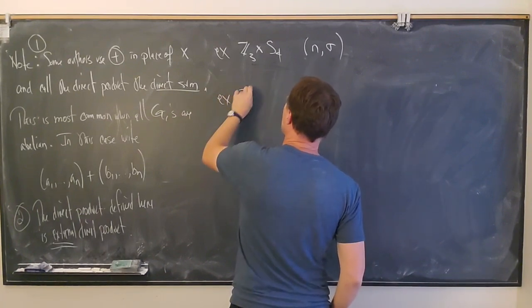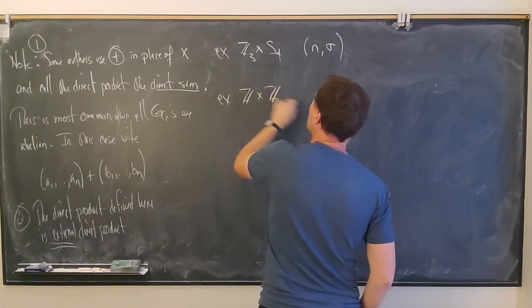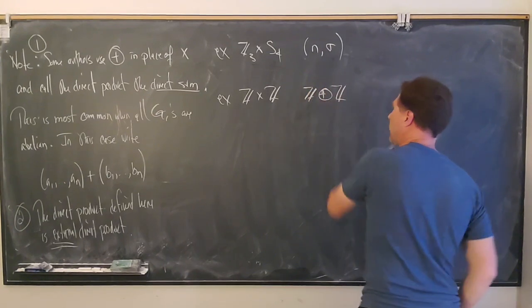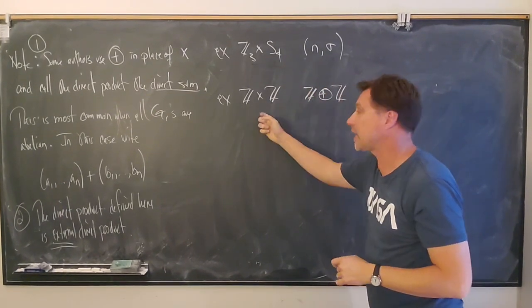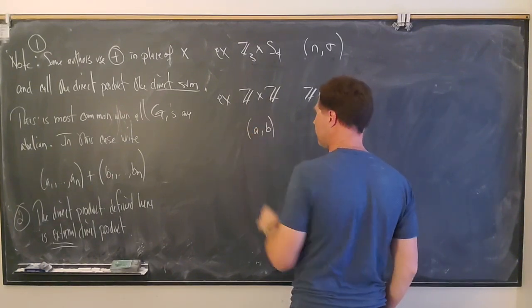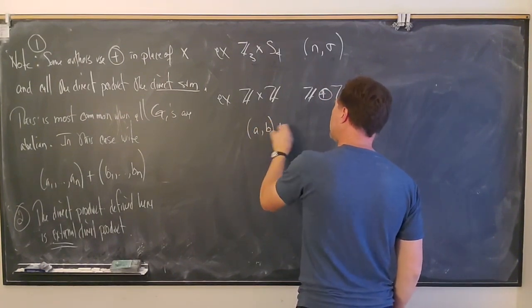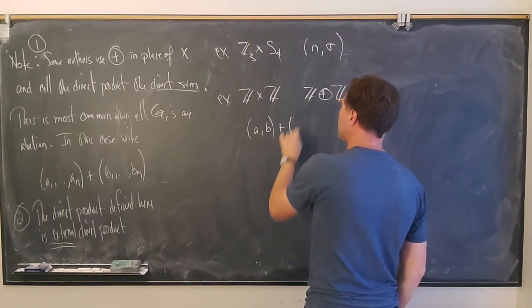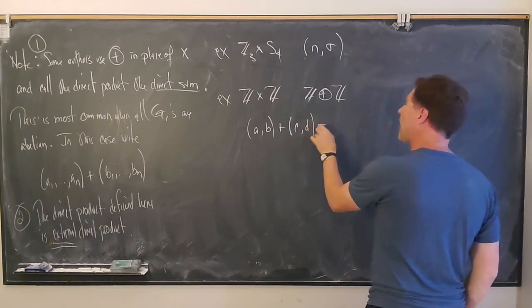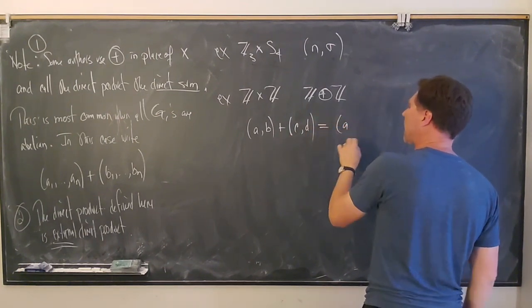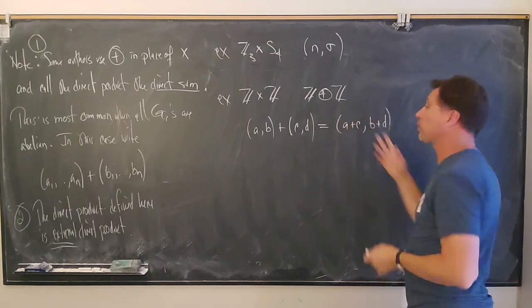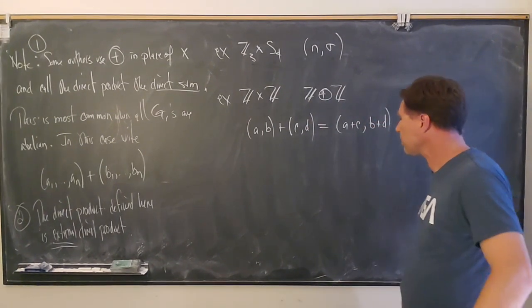So more examples, Z cross Z, which will be used interchangeably with Z sum Z. Right? Both of these mean exactly the same thing. The objects are things of the form A comma B. And then it does make more sense to think of it as the operation being plus, because when you actually combine this, what you get is A plus C comma B plus D, because the operation in both entries is addition.